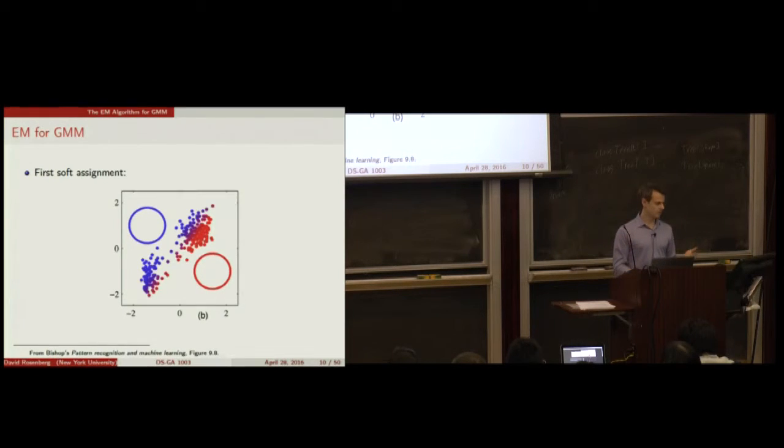For that to happen, we would need the covariances to be very, very small. So if the covariances are very small, then yes, you will see more hard assignment of every point, either to one or the other. And in fact, that's our next slide.